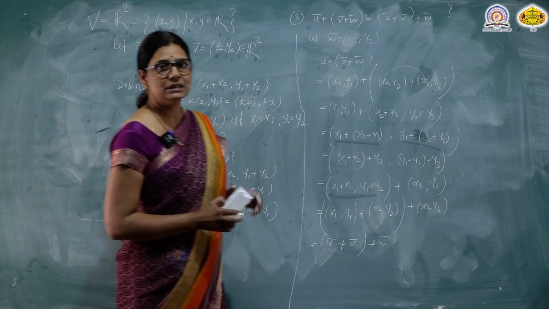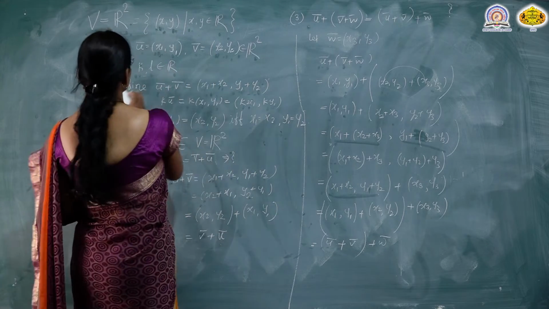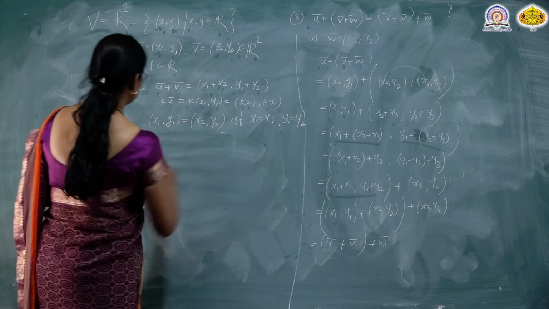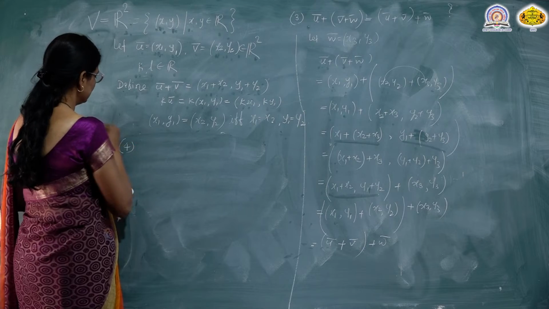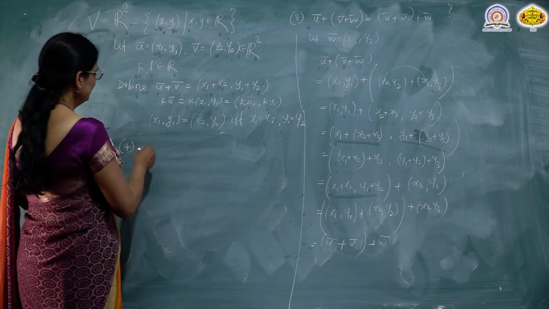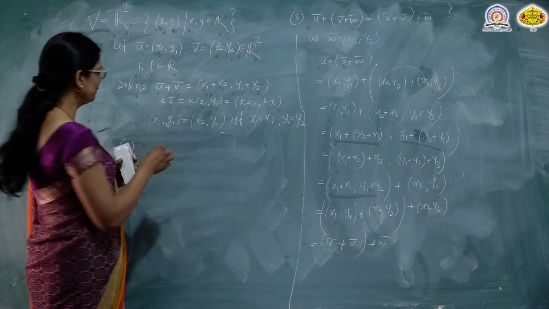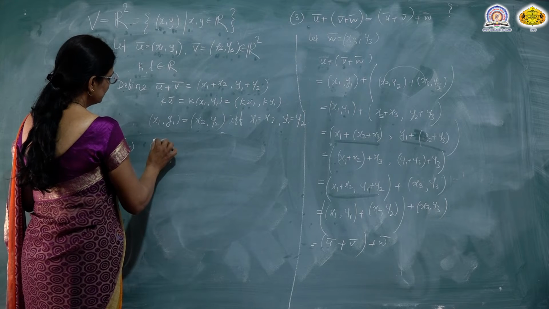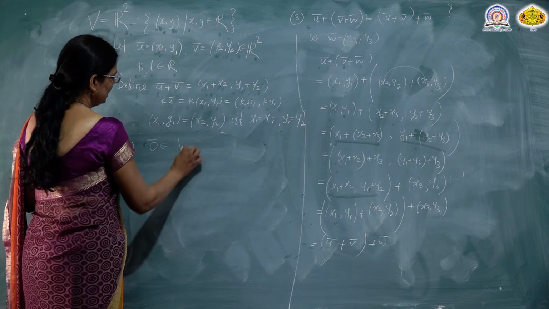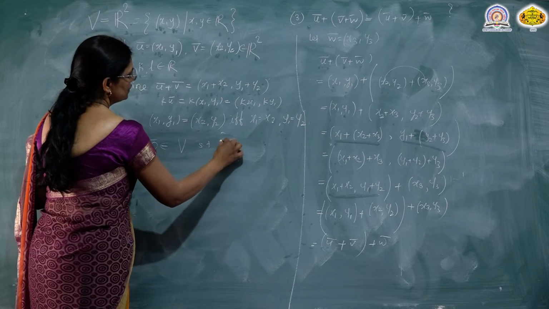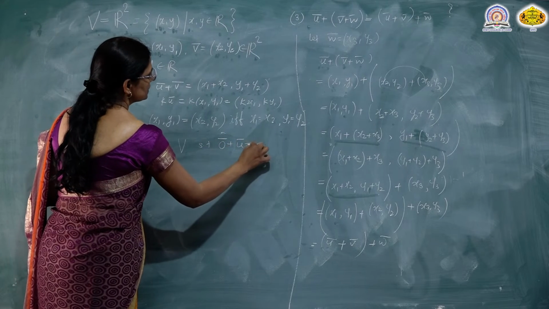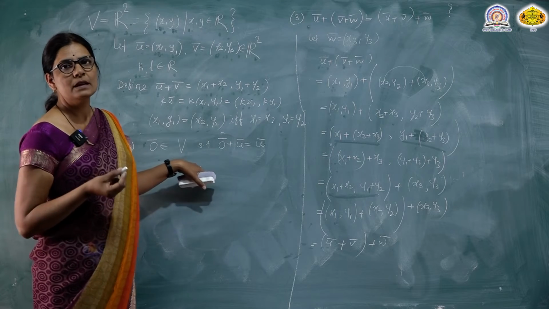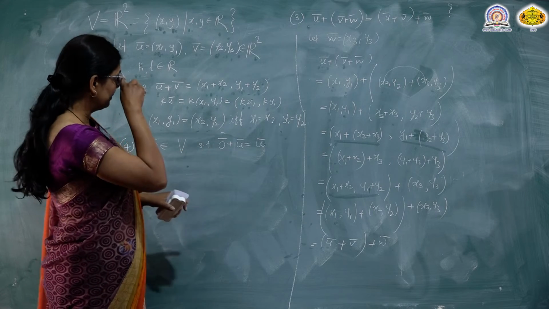So now go for the fourth property. We keep all these definitions as they are. If you remember the fourth property of vector space, there exists a vector 0 in V such that 0 bar plus U bar is equal to U bar, and this 0 bar is called the zero vector of the vector space.